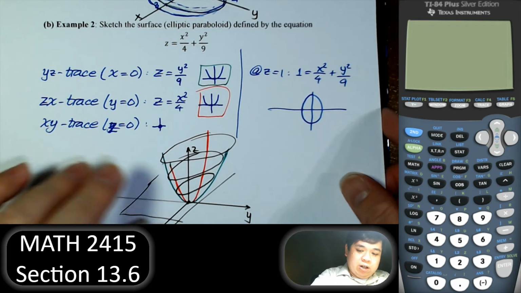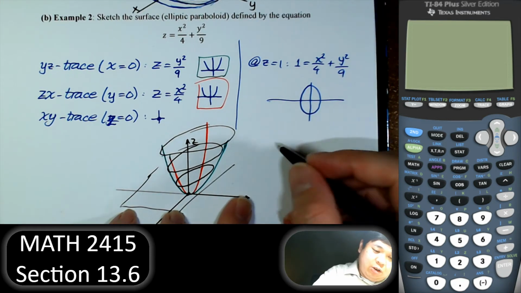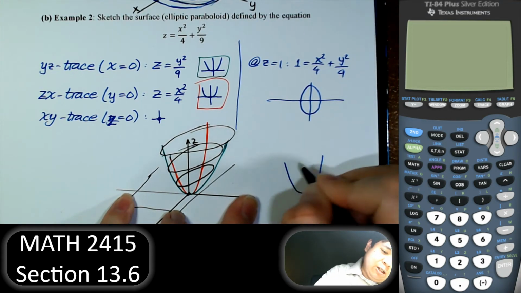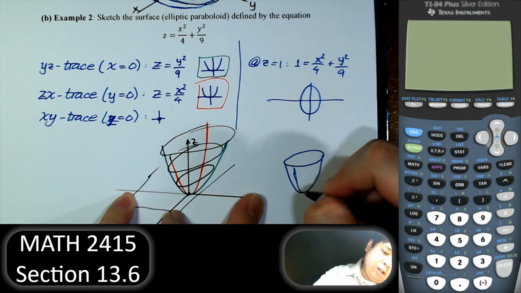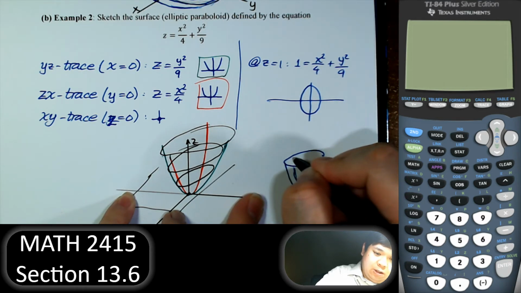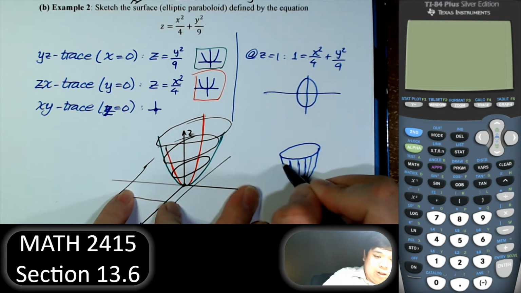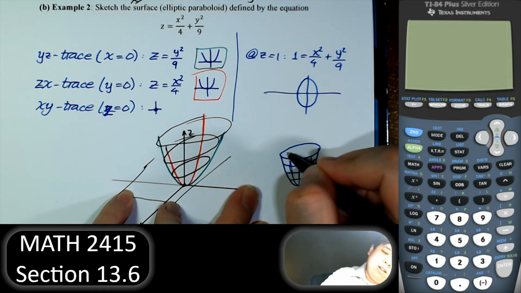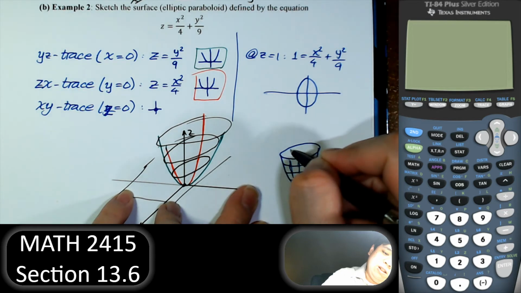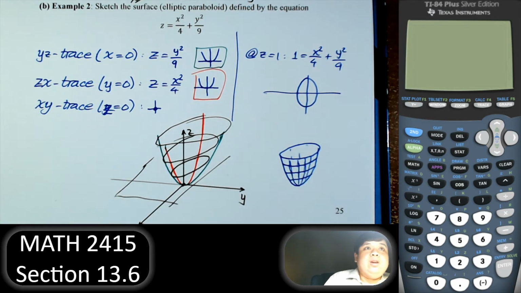Or if we're going to draw it without the axis, it will look like this. Yeah, so that is the paraboloid.